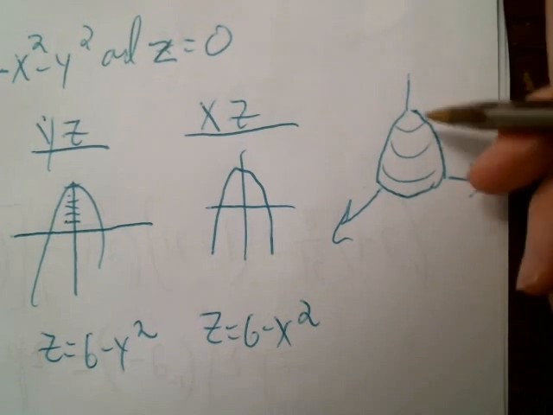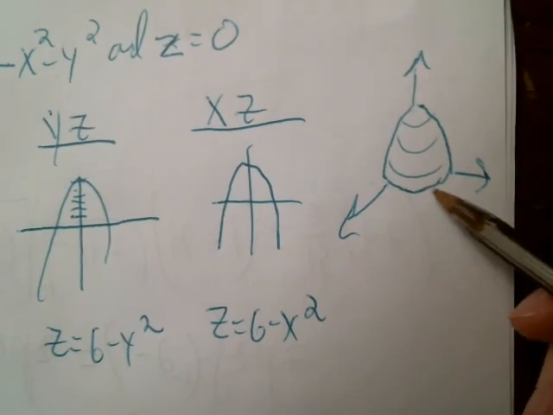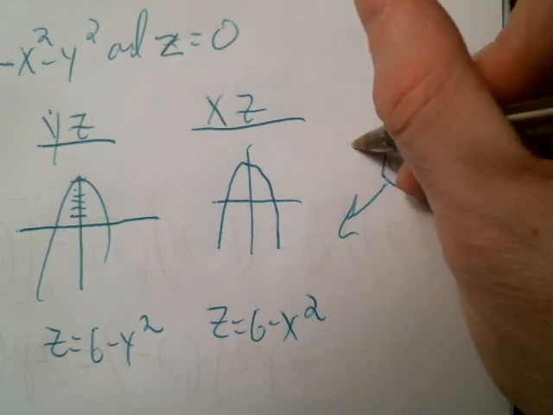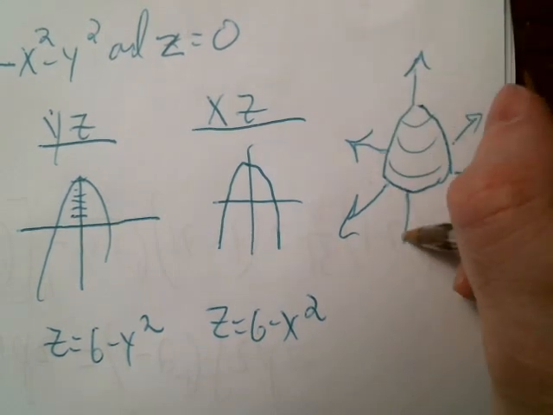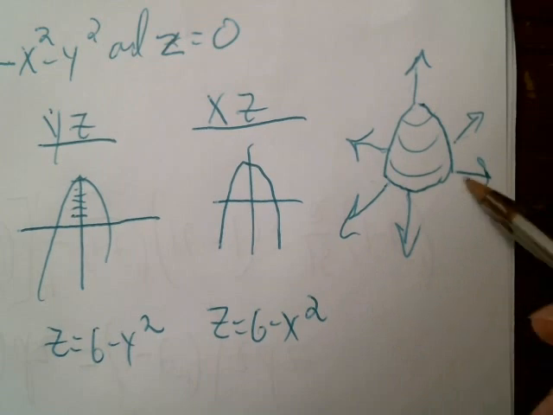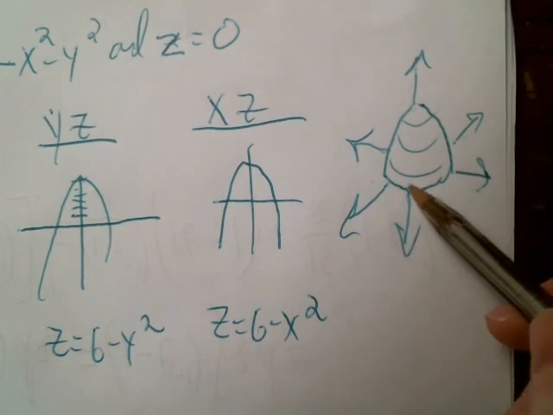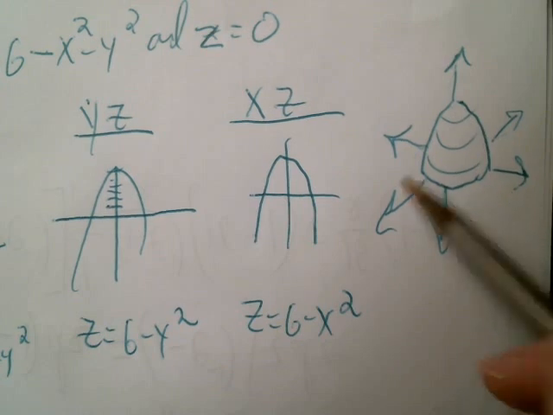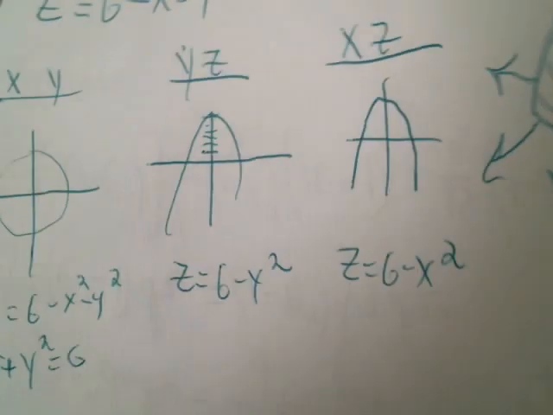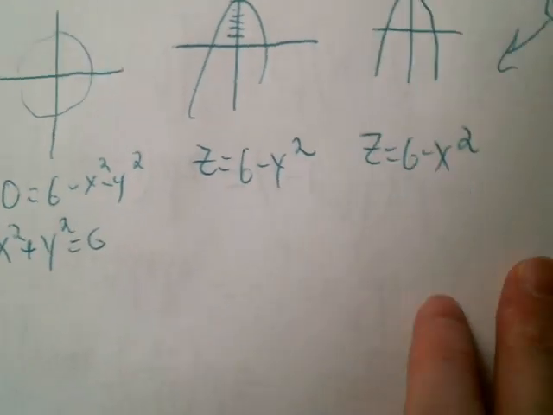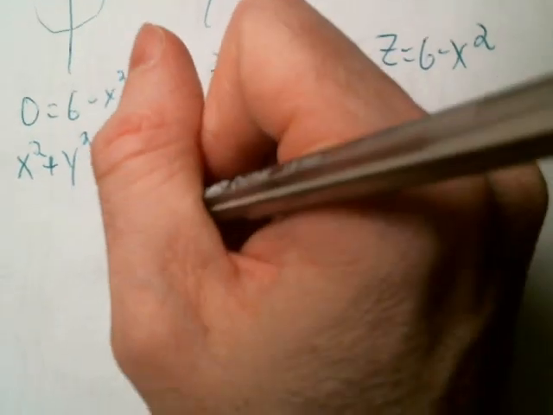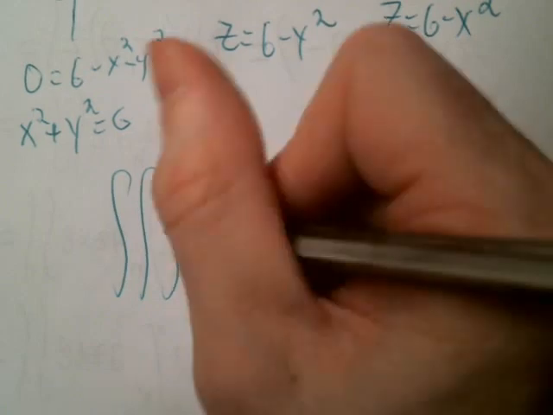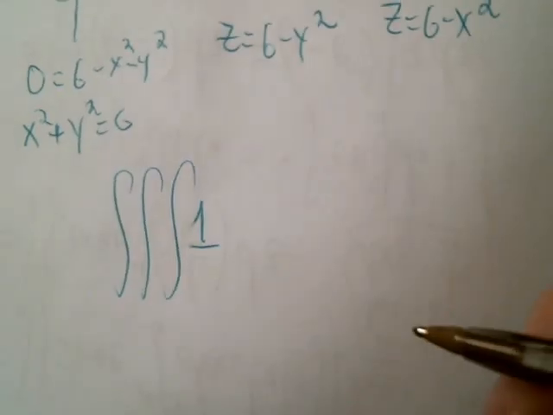Right, and we need to find the volume underneath this thing in the XYZ, over top of the XY plane. So normally it would go down infinitely, but we just want to know the volume of this object here, this kind of upside down bowl. All right, so what we're doing is setting up a triple integral to accomplish this feat. And when you're just finding volume, all you need is a 1 inside here for your function.